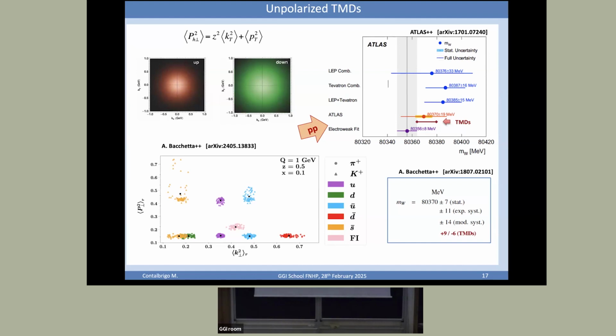Okay, clear. So it was shown a few years ago that the moment you move from this flavor-blind average to a more detailed information of the flavor distributions, you may have a contribution that you need to take into account when you pretend to do precise physics with nucleons, like the LHC is using protons.